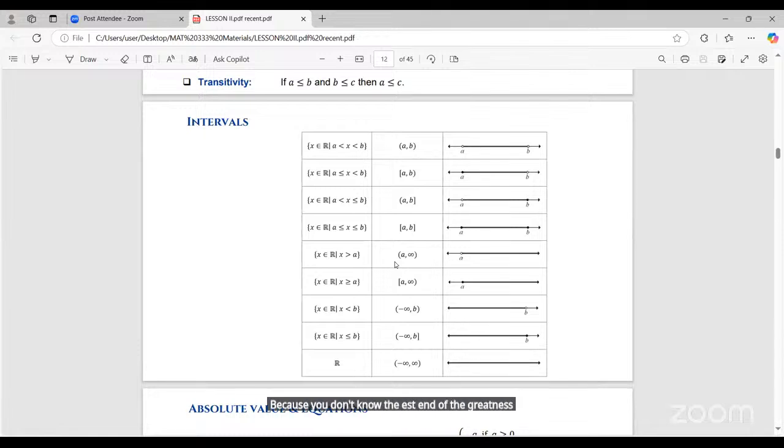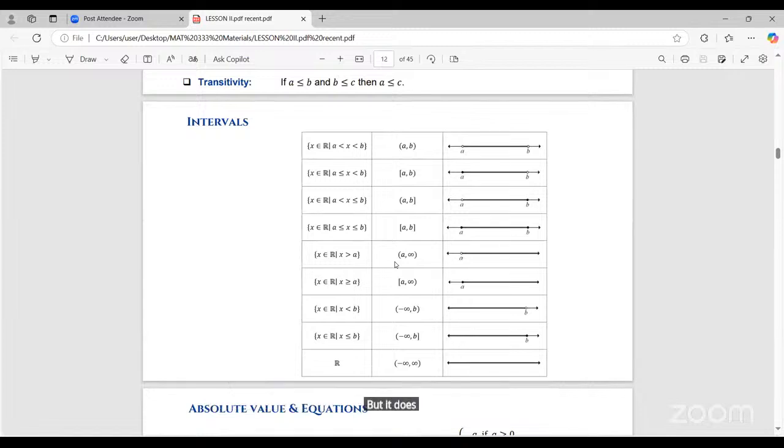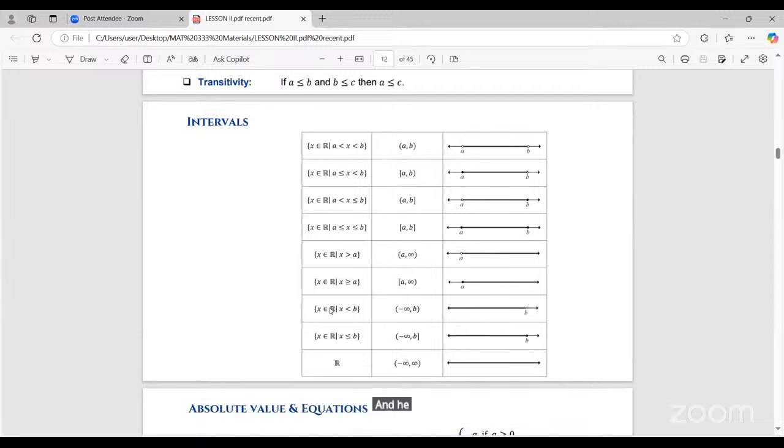It is greater than A, so it can tend to infinity, but it does not exceed that A. A is the bound. x in R such that x is greater than or equal to A. It is closed on A because it's greater than or equal to. A is inclusive, it's closed there, and it tends towards infinity.